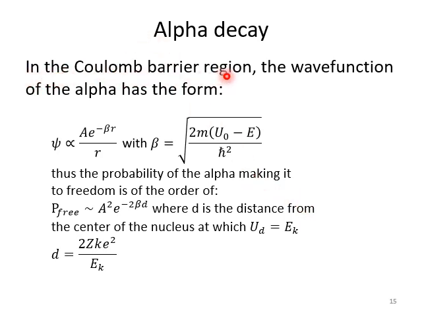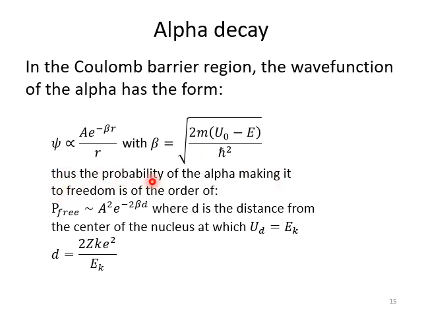In the Coulomb barrier region, the wave function has a form that looks like this, right? It decays exponentially, and because it's a radial wave function, it has a 1/r term, right? That tunneling length is related to the height of the barrier, the energy of the particle that's tunneling through, and the mass of the particle.